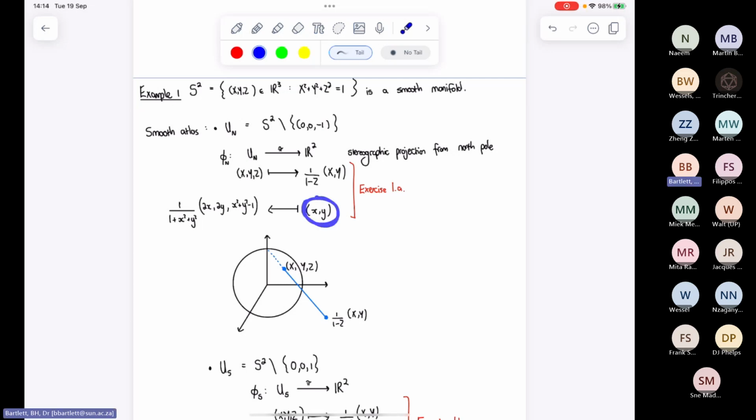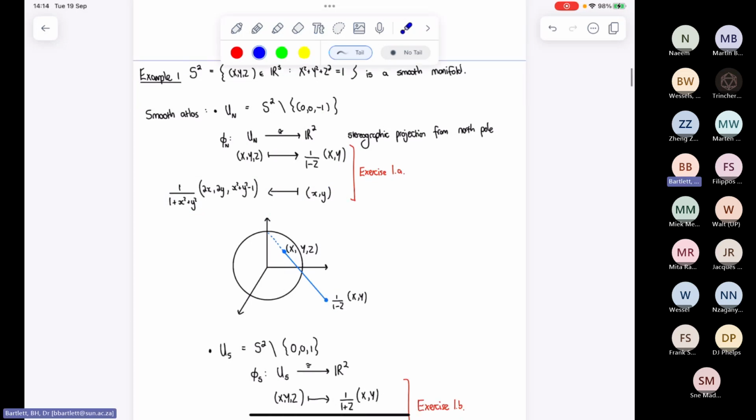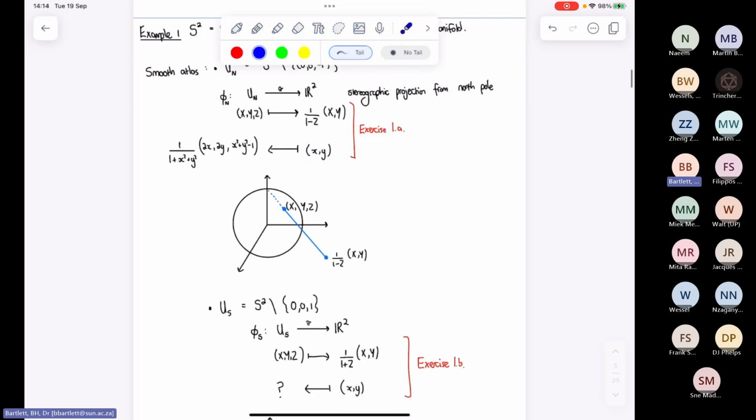It takes a point in the plane, shines it back, and the point on the two-sphere that you reach is given by this formula in terms of the original coordinates x, y in the plane. That's your first exercise, just to check that. If you want to take the course and do exercises, here's your first exercise.